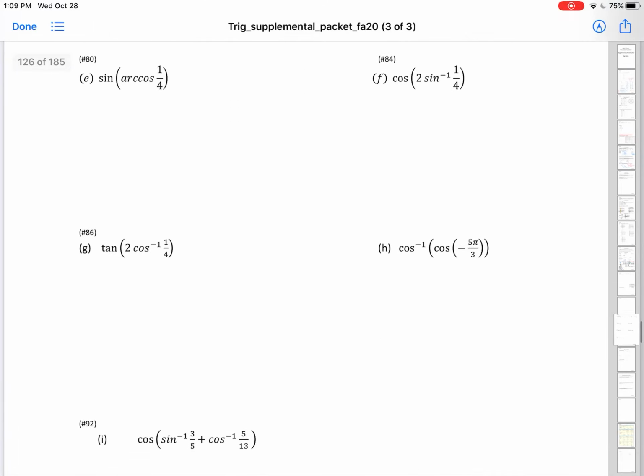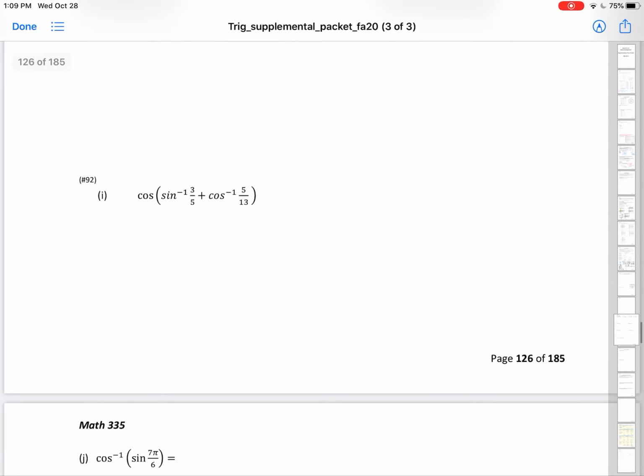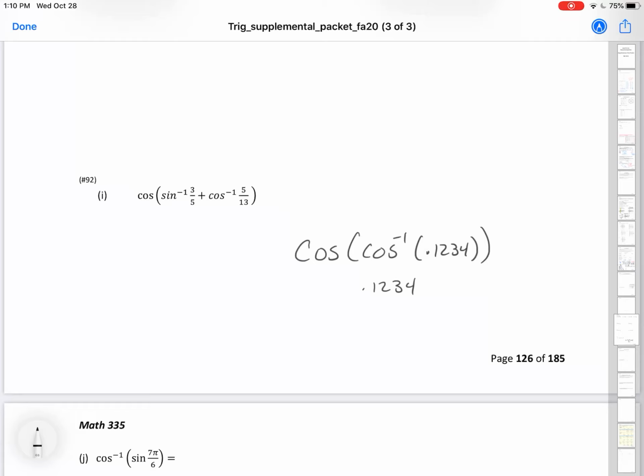So again, it kind of messed up that work, but you have it there in the video. When you take the cosine of the cosine inverse of any number between 0 and 1, let's say 0.1234, the answer is simply 0.1234. There's no need to stress about that. They'll undo one another because the last thing you're doing has no restrictions.